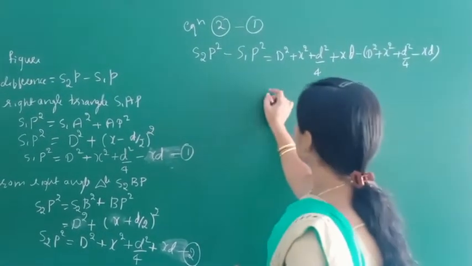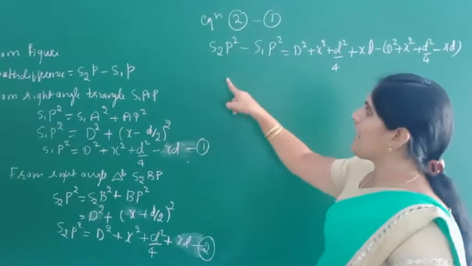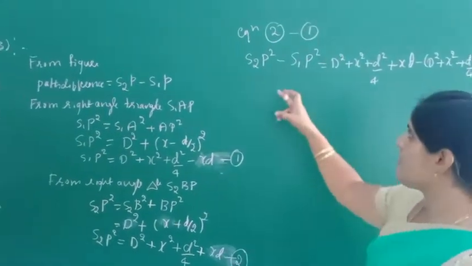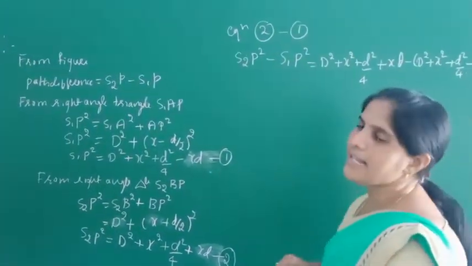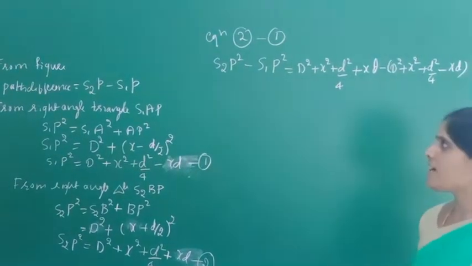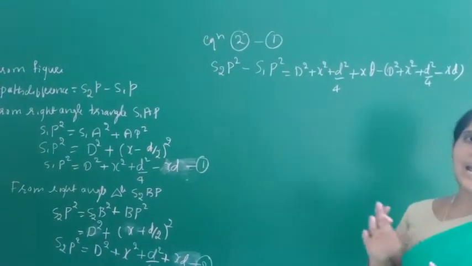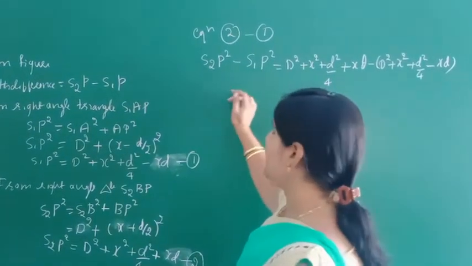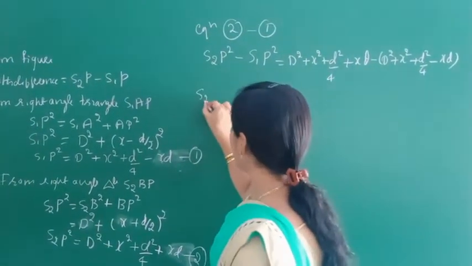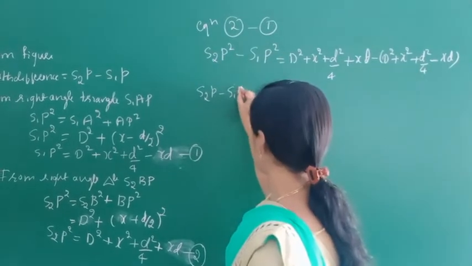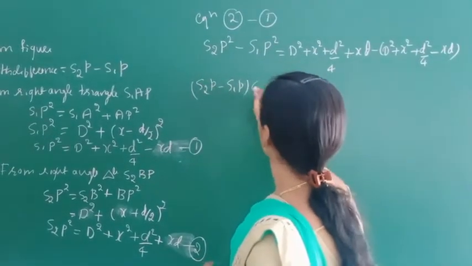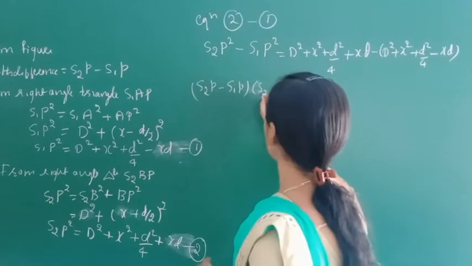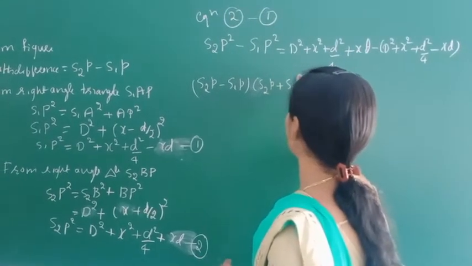Here this is in the form of A square minus B square, which can be expanded as A plus B into A minus B. So S2P square minus S1P square will be written as S2P minus S1P into S2P plus S1P.